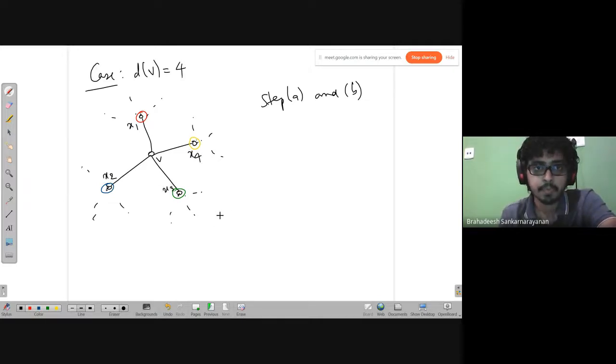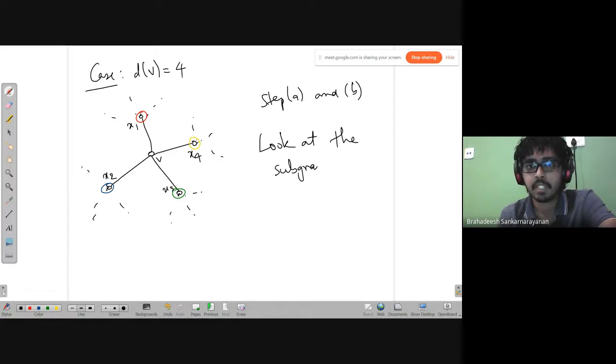I'm going to look at, what should I call it? Look at the subgraph of G. I hope when I say subgraph, you understand what I'm trying to say.